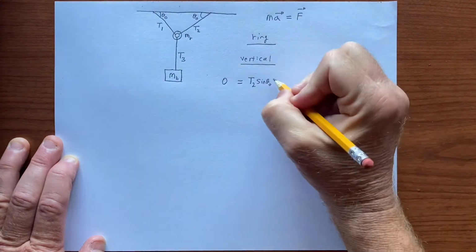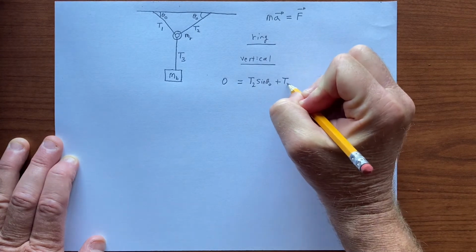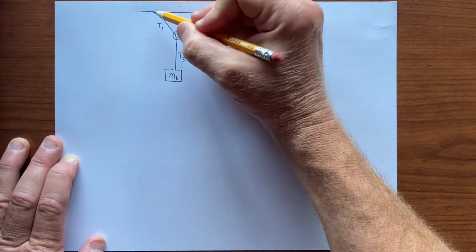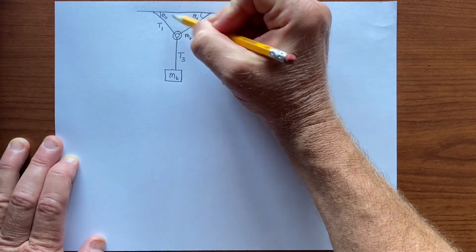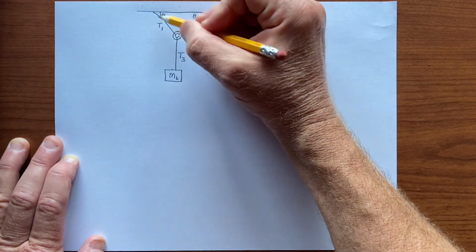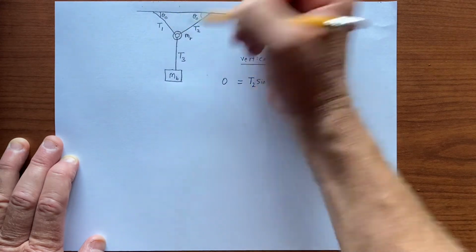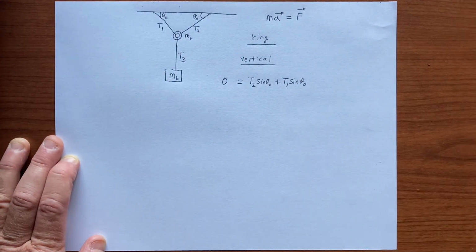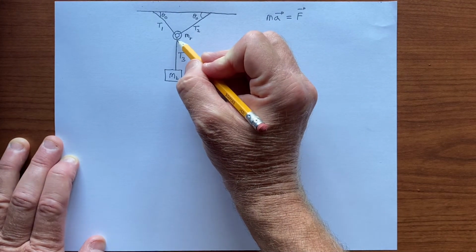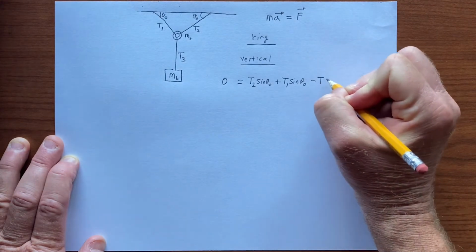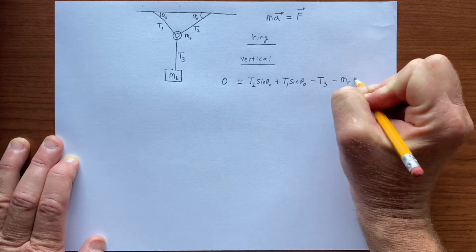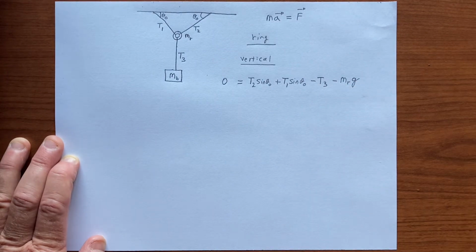Then we add the vertical component of T1, which is T1 sine theta naught. They both come in with a plus sign because they're both upwards. Then we have T3 acting downwards, with a minus sign. And then the weight of the object, the force of gravity pulling it down, mRg. We're done with the vertical components.